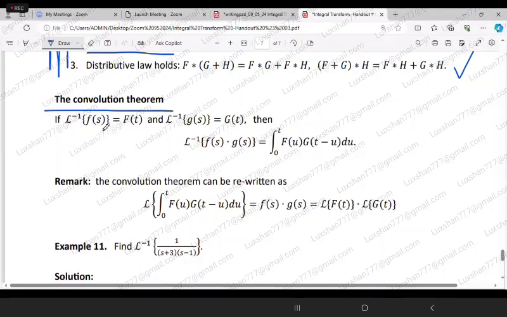If the Laplace transform of f(t) is F(s) and of g(t) is G(s).